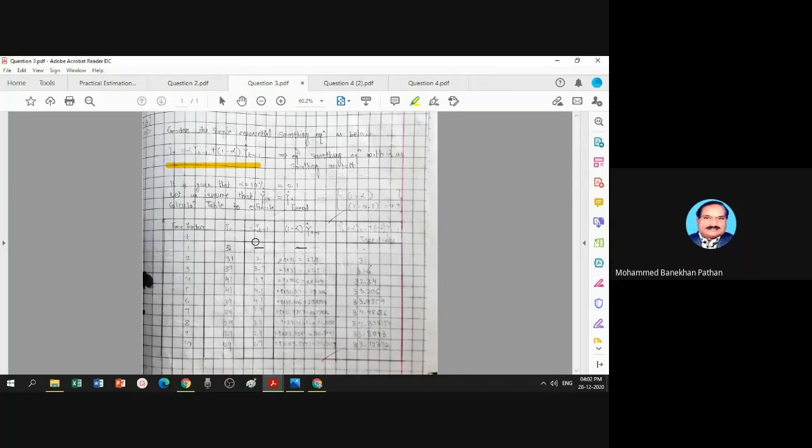That's why no calculation for the first year. Therefore, no calculation here also. Hence, no calculation for the third column. So the first column is from this, the second column is this, and this plus this is the answer, the trend value.